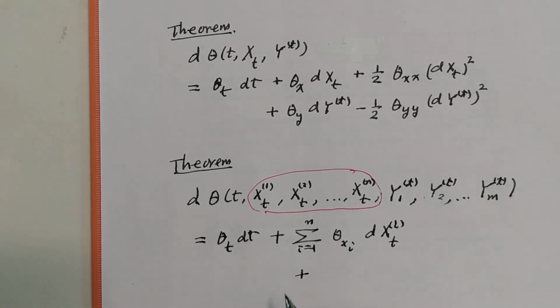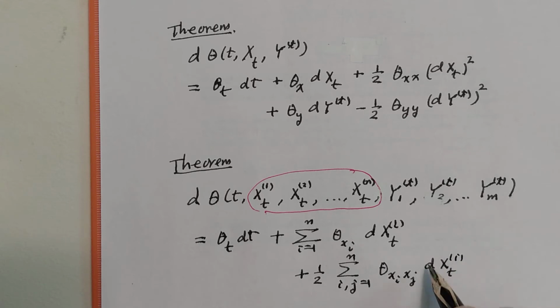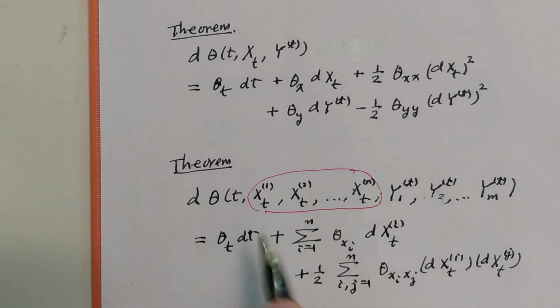And then we have 1/2 of summation i j from 1 to n, and this is theta sub x sub i, x sub j, dx sub t i times dx sub t j. So this is for the Ito processes.